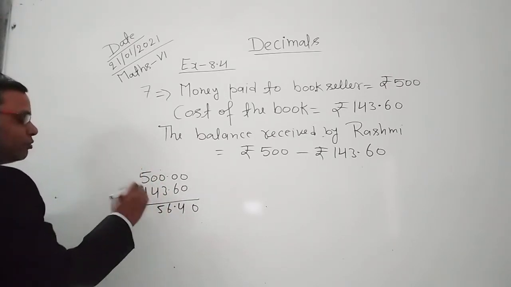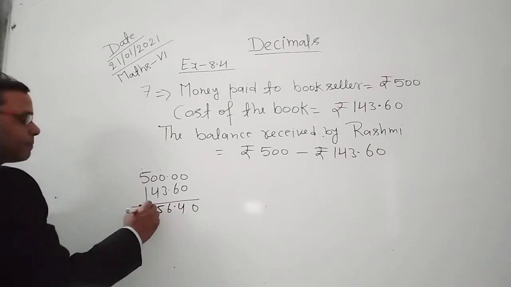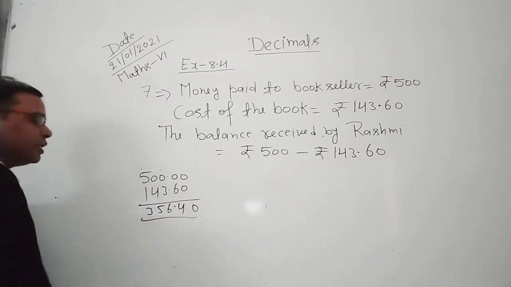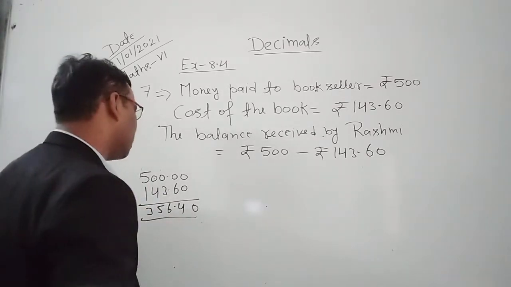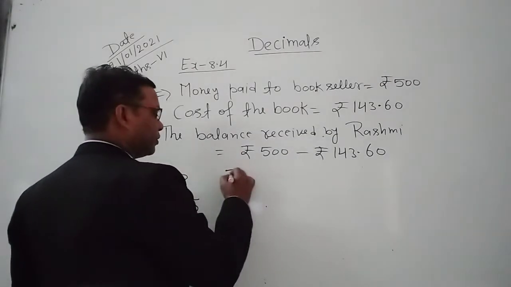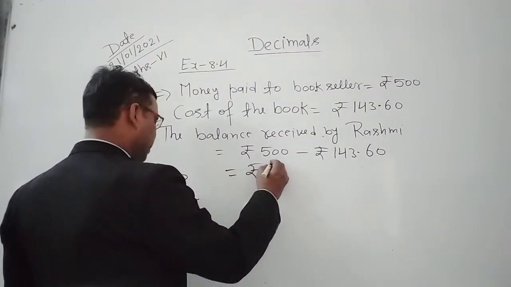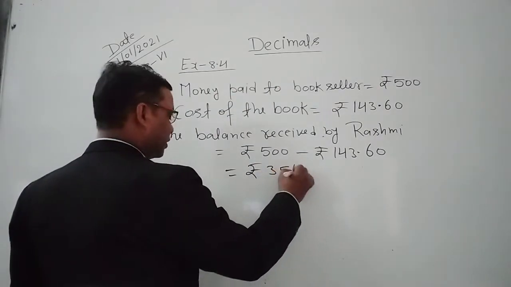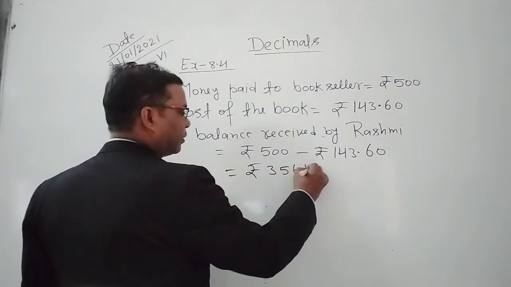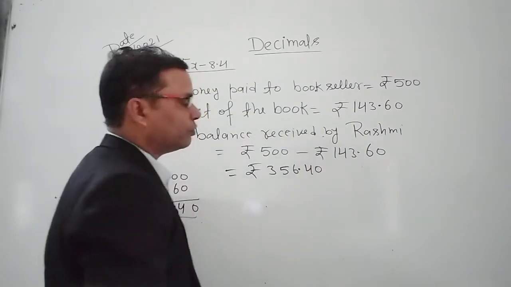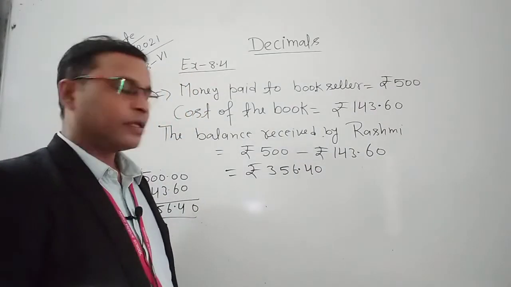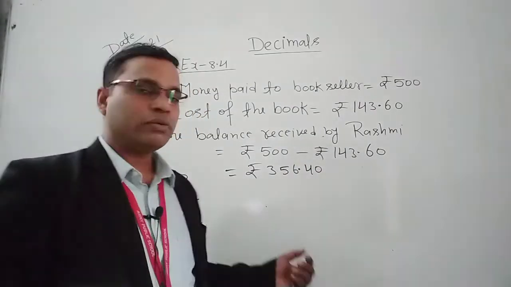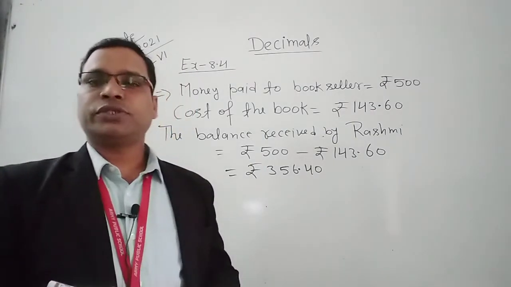This becomes 4. 4 minus 1 becomes 3. So you get 356.40. Rashmi gets 356.40 rupees. This is clear. So students, I hope all of you understood this question.